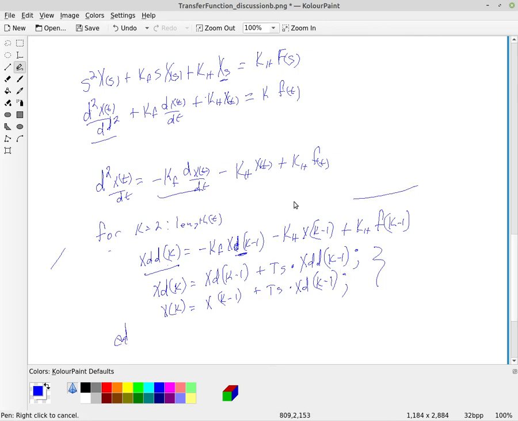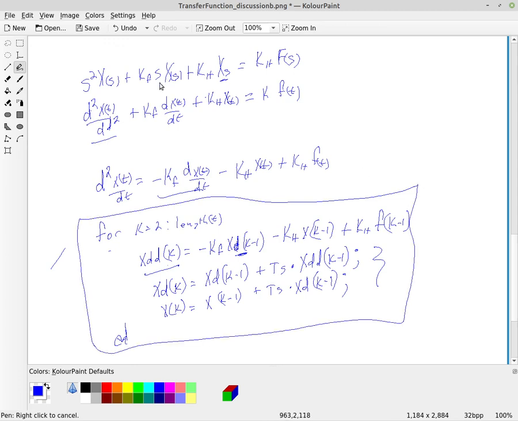So I took the transfer function, cross multiplied, and solved for my highest order derivative here. You're solving for your highest order derivative. You evaluate that, and then you integrate all the other values.